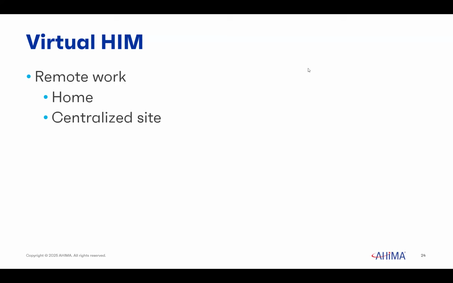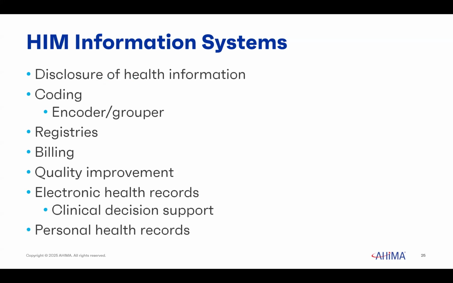But more and more of these positions are going remote. We see these functions on this slide: the disclosure or release of health information, coding, registries, billing, quality improvement, clinical decision support, and personal health records. They've always been with us, but now with electronic health information, we see them being more virtual by their nature.